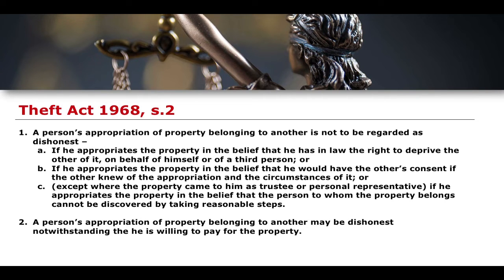And then finally, if you appropriate the property with the belief that the person to whom the property belongs cannot be discovered by taking reasonable steps. This is, of course, unless you are a trustee or a personal representative, which would represent a conflict of interest and therefore a breach of fiduciary responsibility as a trustee. So all of these are circumstances in which you may not be dishonest in appropriating property.